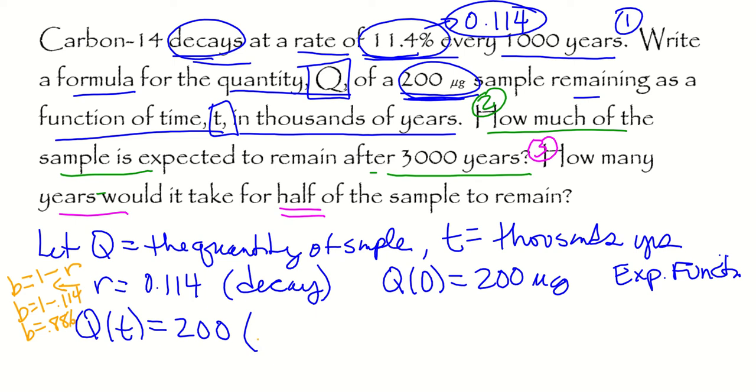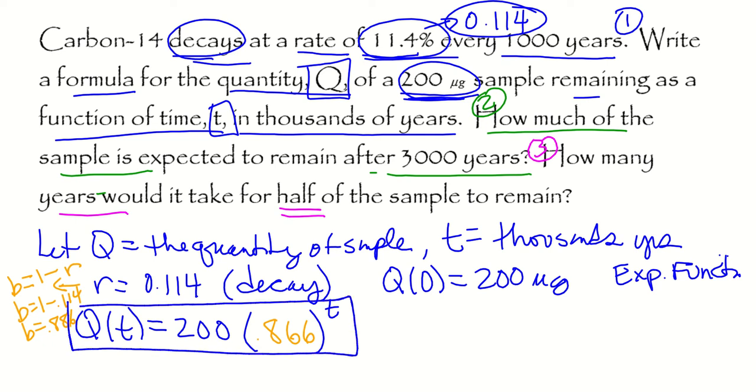So my value here for B is going to be 0.886. And then we're going to raise that to the T. So that's my first problem, we have found what Q of T equals.